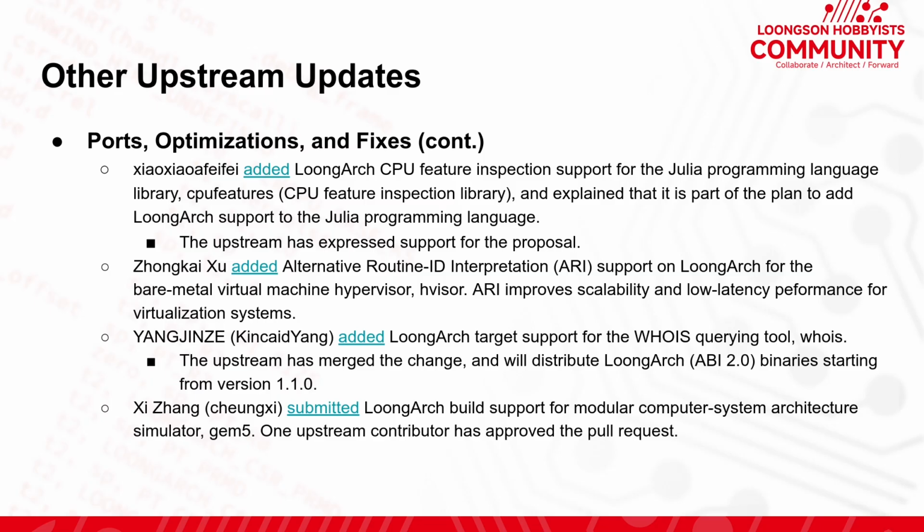The upstream has merged the change and will distribute LoongArch ABI 2.0 binaries starting from version 1.1.0. And Xijiang submitted LoongArch build support for the modular computer system architecture simulator gem5. One upstream contributor has approved the pull request.